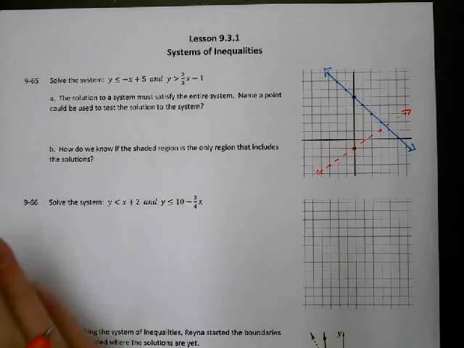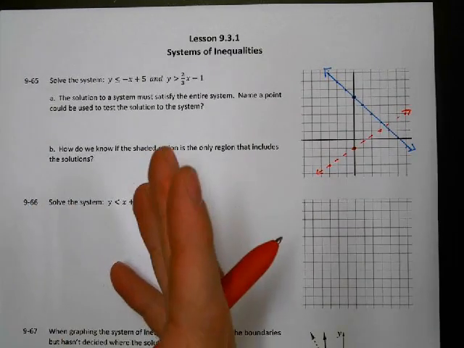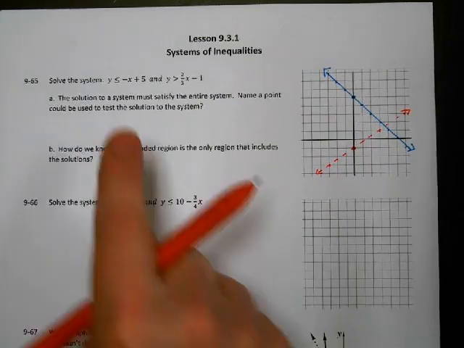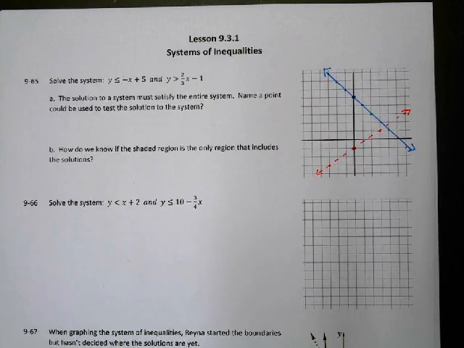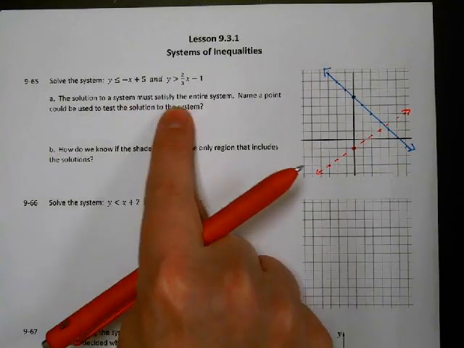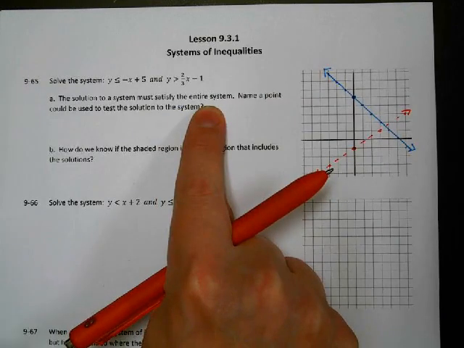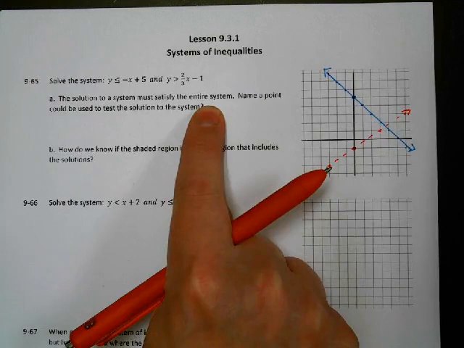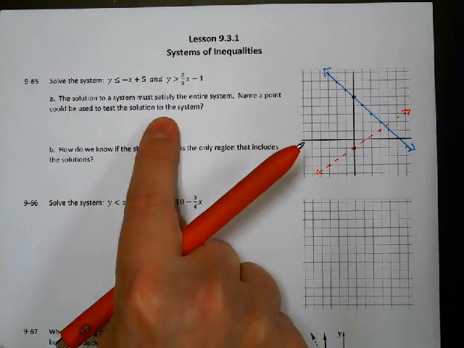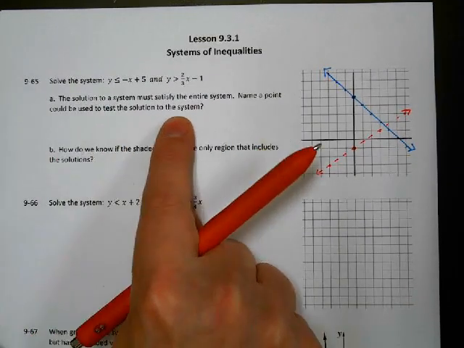Now what we have is we have 4 separate regions, and one of those regions is where these two agree with each other. Okay, so the solution to the system has to satisfy the entire system, meaning whatever region is our answers, it has to work for both of these. Name a point that could be tested to test the solution of the system.